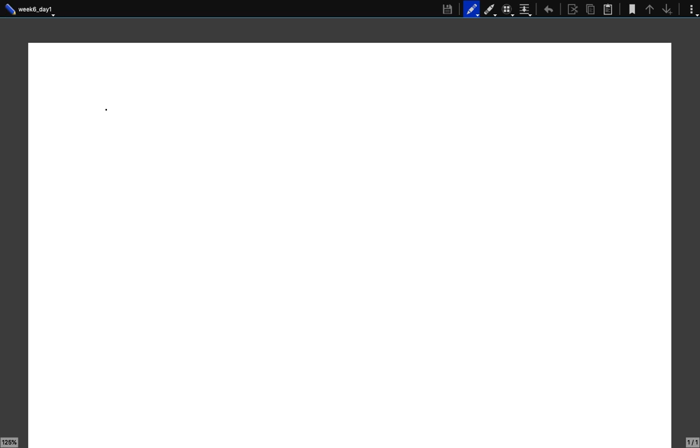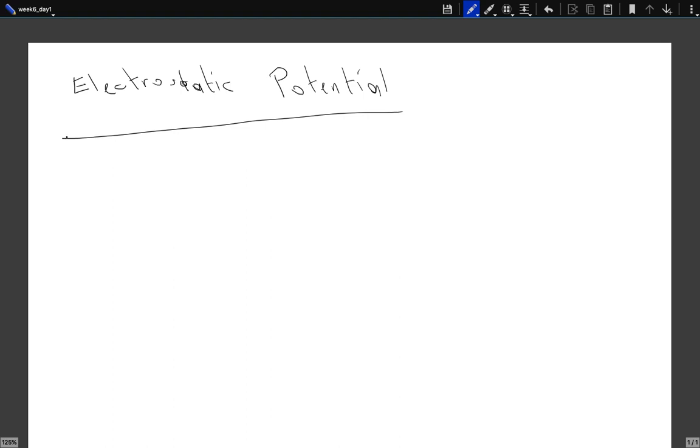Okay, so on Monday we had started discussing the electrostatic potential. Just as when we were discussing electric field, we said that electric field is in fact closely related with the electric force.